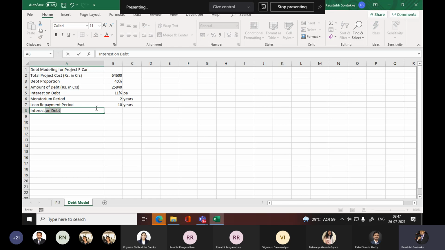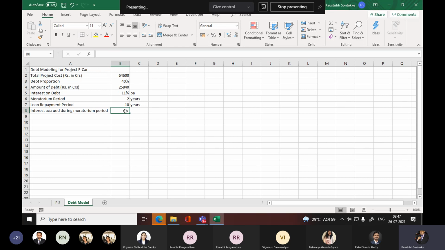So you may write the heading interest accrued during moratorium period. Okay, now we have to calculate this interest. So see how to calculate this interest. Interest accrued during moratorium period.